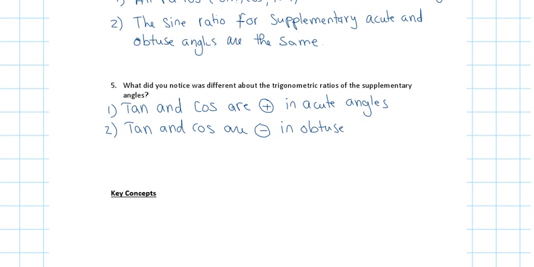And then we can say that tan and cosine ratios in supplementary angles are the same but with different signs, right?